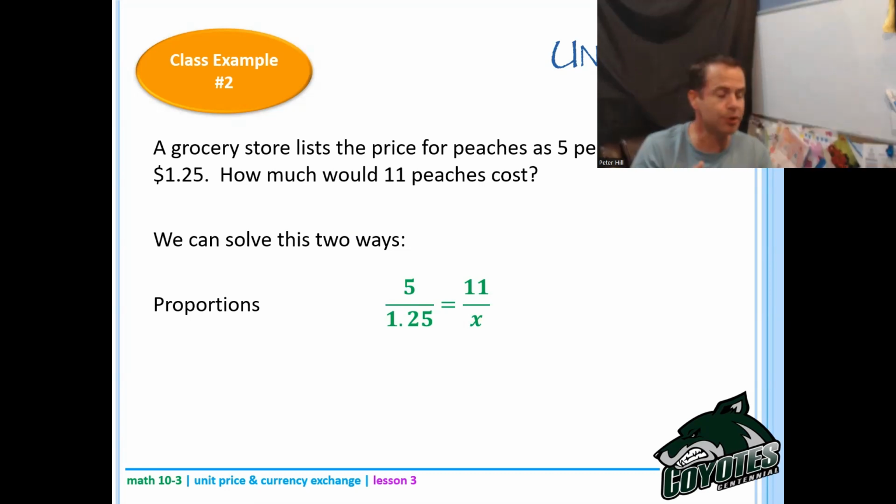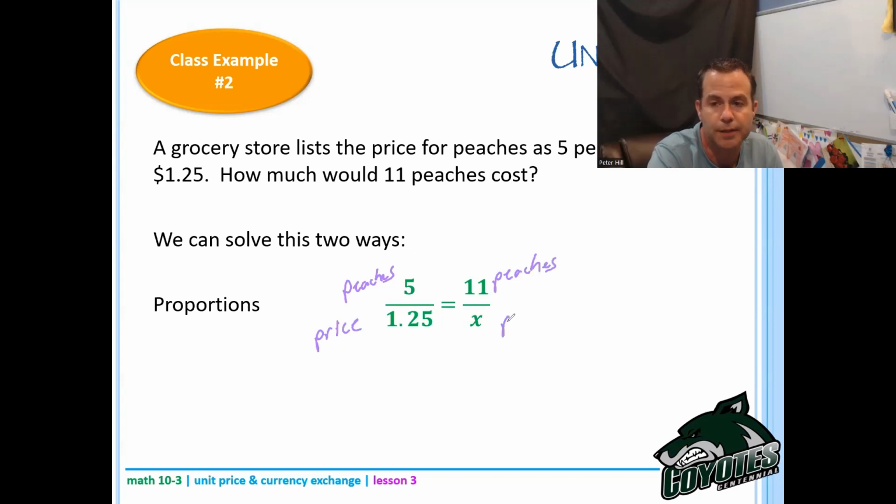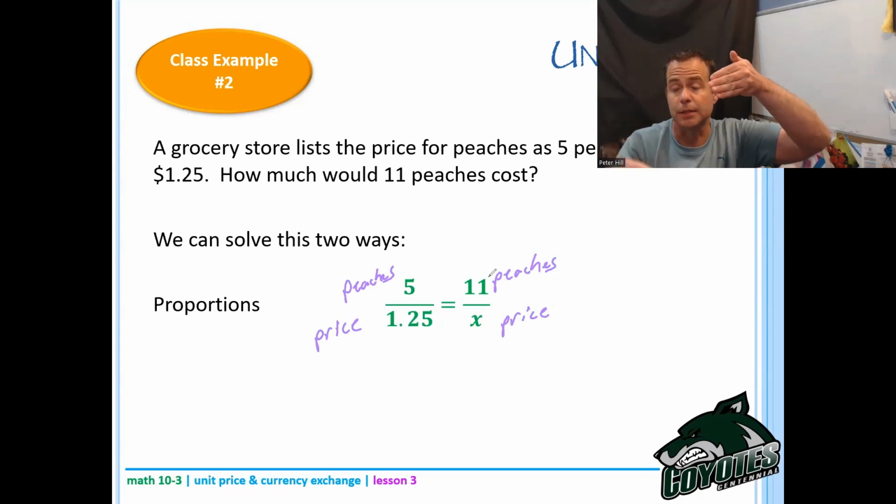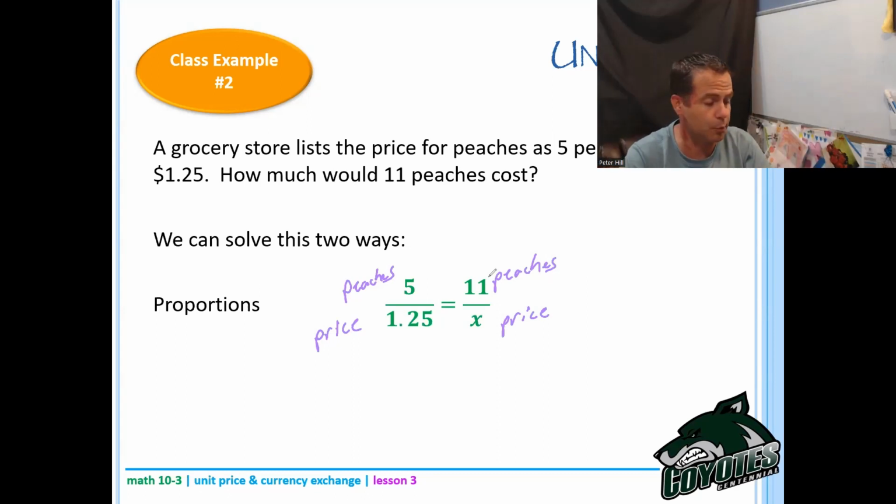But in a proportion, it doesn't matter as long as you are consistent. What I mean by that is you have peaches on top and a price, let's say, on the bottom. So over here, you need to have peaches on top and price on the bottom. You can't have peaches on top of one of them and peaches on the bottom of the other. That's not going to work.